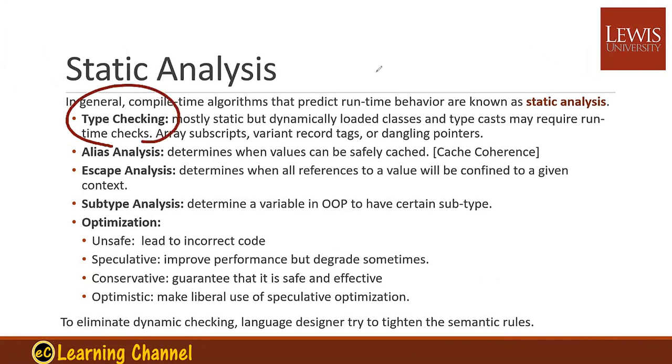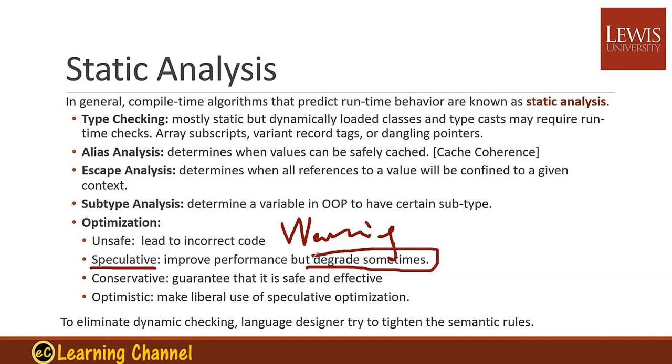Type checking is important. There is also optimization, including unsafe code, which gives an original warning. Speculative code improves performance but sometimes degrades it. You may declare this; even if it is not wrong, you still want to do this.